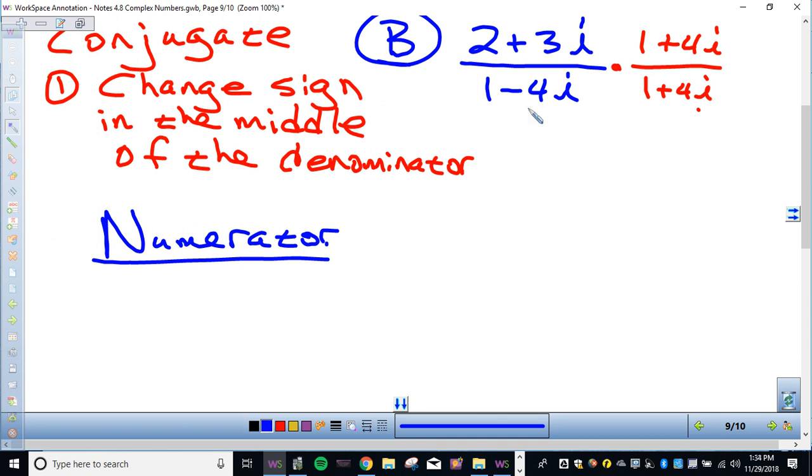So all you have to do is multiply first term times first term. So 1 times 1 is 1, and negative 4i times positive 4i is negative 16i squared, which is positive 16. So when I multiply the denominators together, what do I get? 1 plus 16? 17.